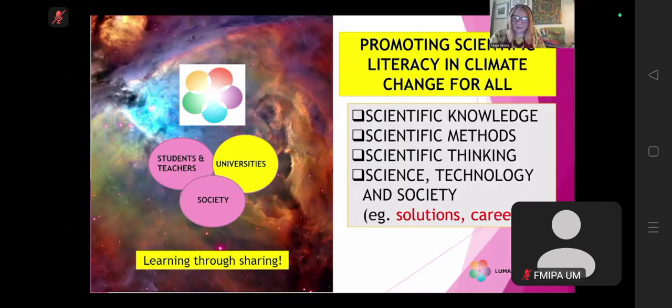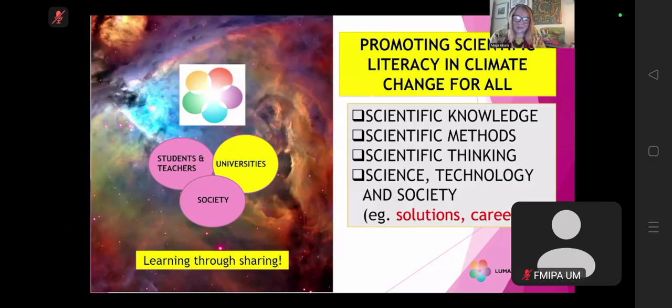There are a lot of scientific questions and also ethical and moral questions. And if we ask young people, they like to know more about how science, technology, and society are collaborating, what kind of solutions in sustainable energy can be made, and what kind of careers can they have in future.